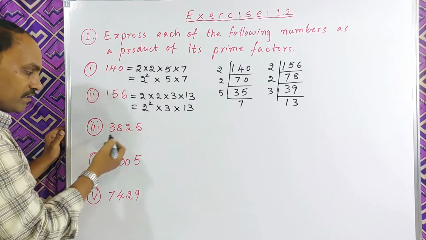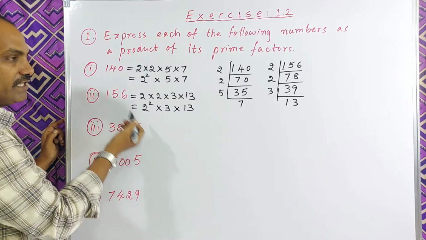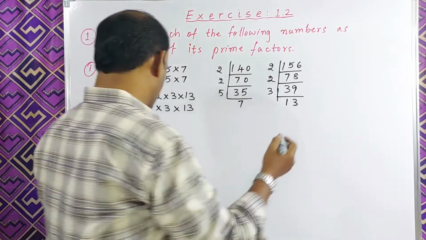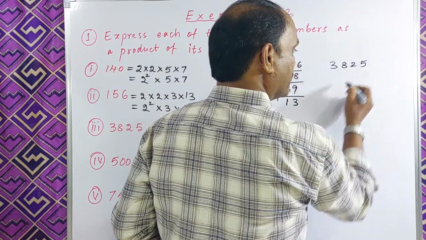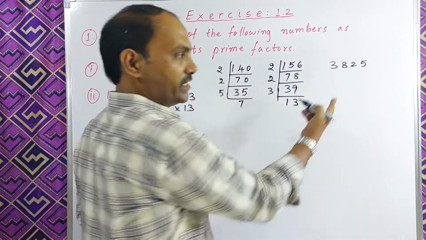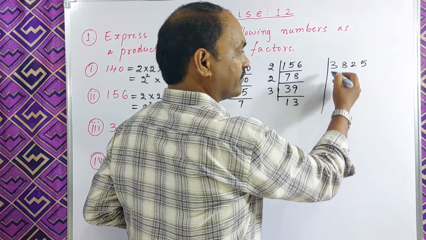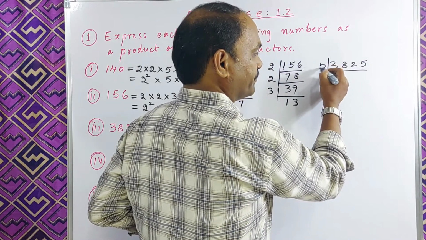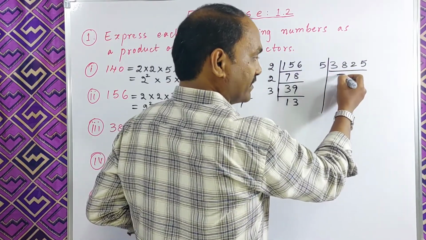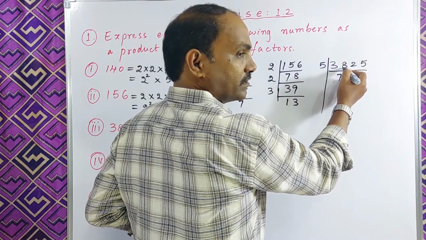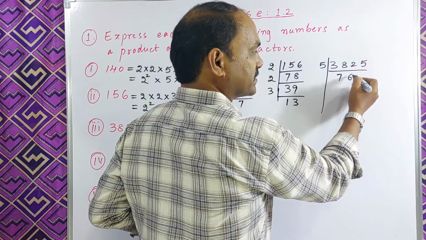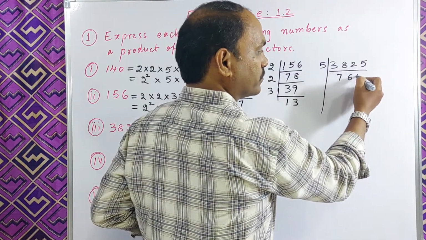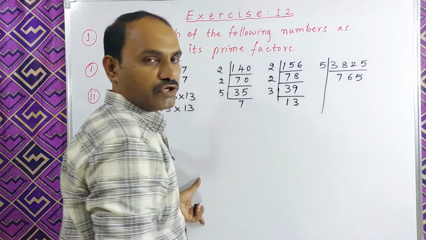Next one, 3825. The last digit is 5 here, that's why it is divisible with 5. 5 sevens are 35, then 3 is the remainder, 32, 5 sixes are 30, then again 2, 5 fives are 25.